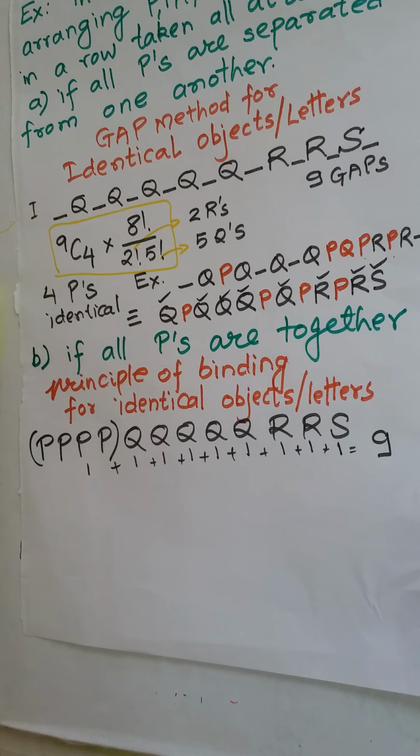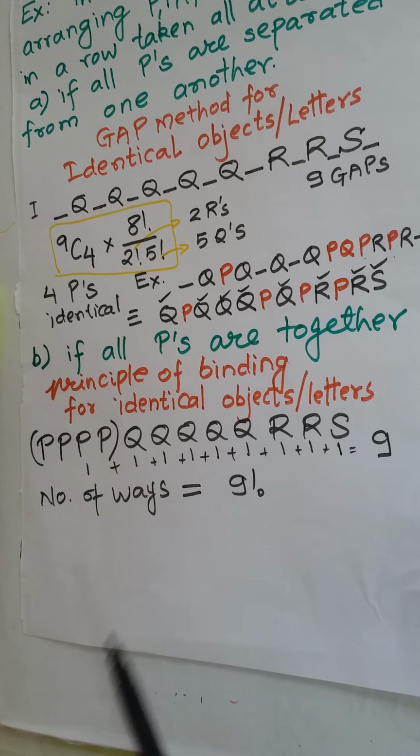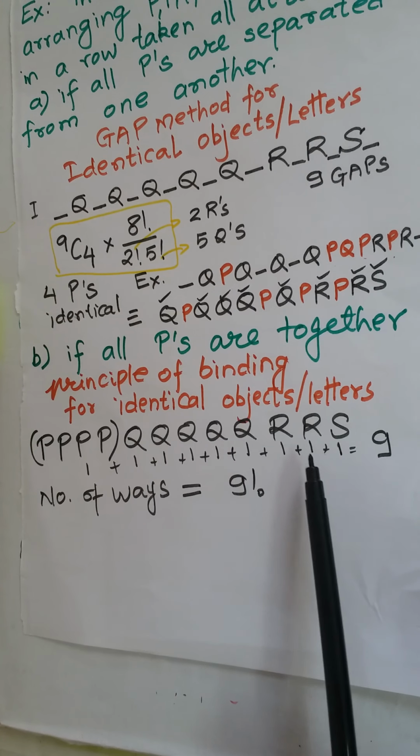Now how many ways can we arrange this? In which 5 Q's are identical, 2 R's are identical. So what is the number of arrangements in which all P's are together? What's the answer? It is 9 objects, 9 factorial, but there are identical 5 Q's and 2 R's.